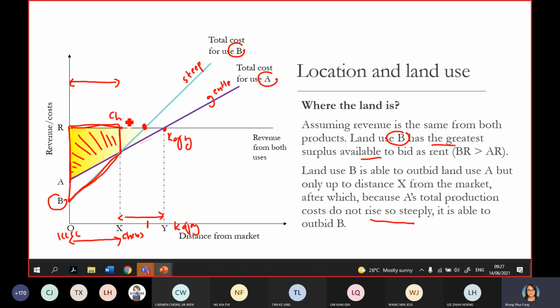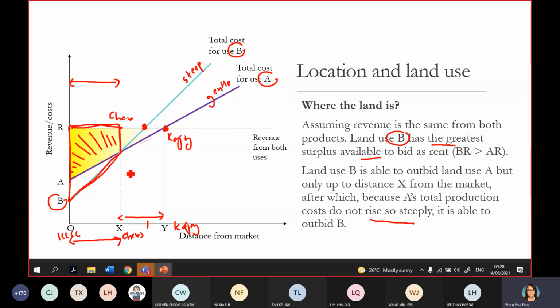Okay, here is Cheras. So you can see, although at the beginning B has more surplus, more profit, land use B is only able to sustain between Cheras and Kajang, here only. But land use A, although it does not have so much surplus at the beginning, you can see the transportation cost doesn't rise so steeply. That's why land use A can sustain until Kajang.